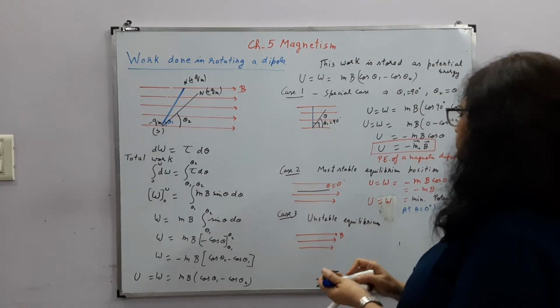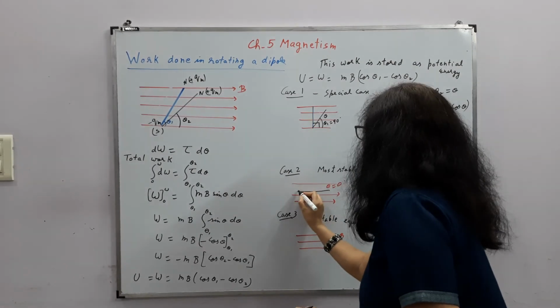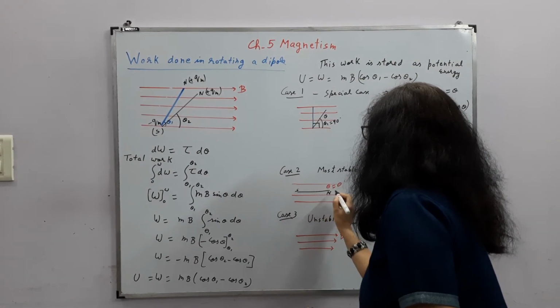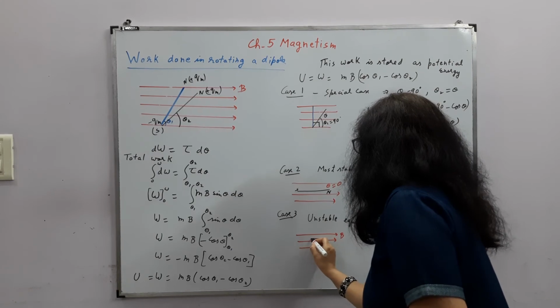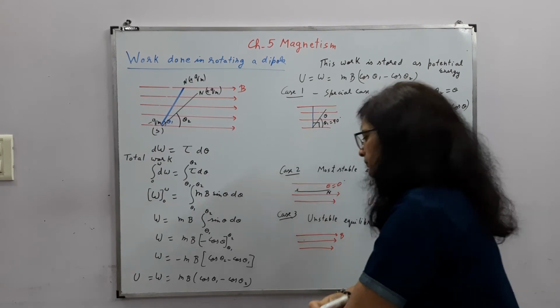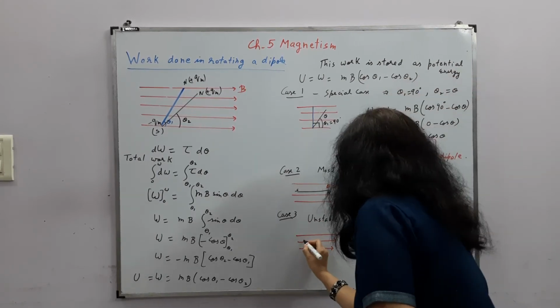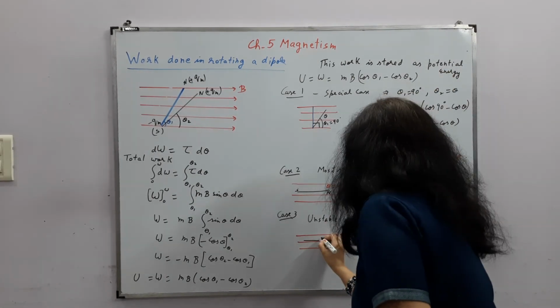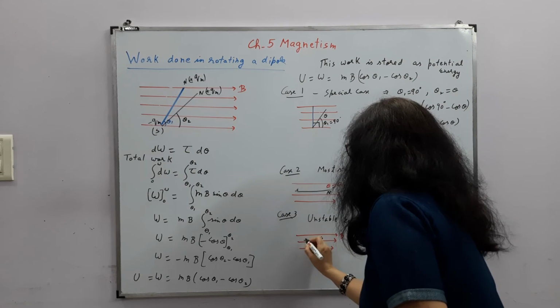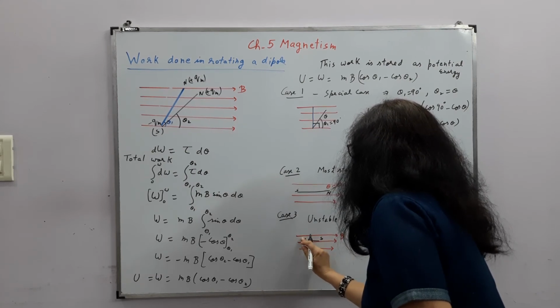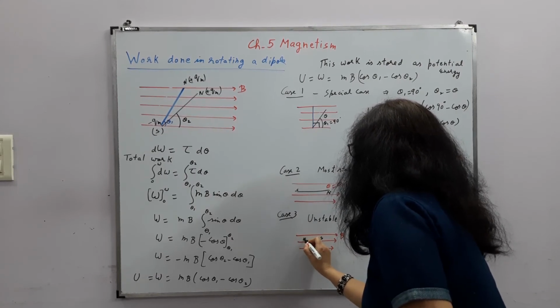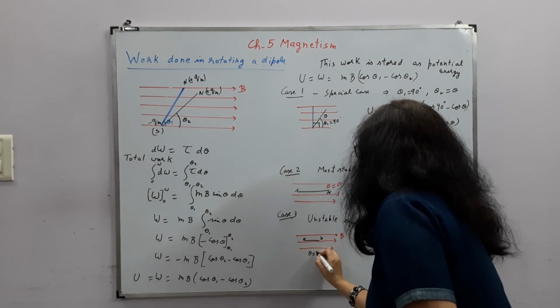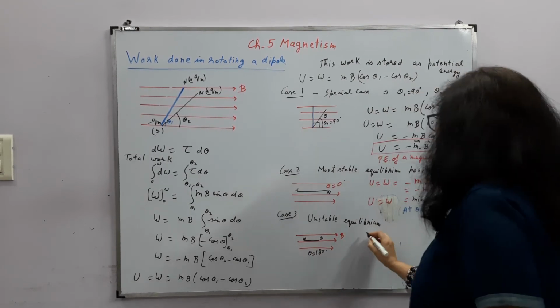If your dipole is like this, south and north, that means theta is 180 degrees. So what will be the formula?